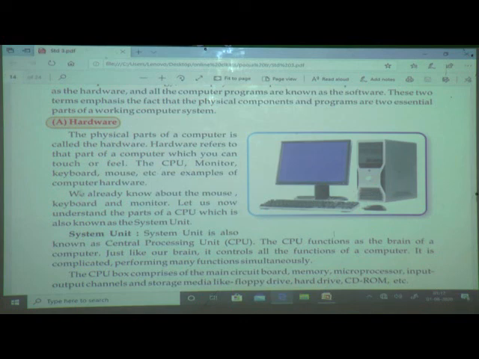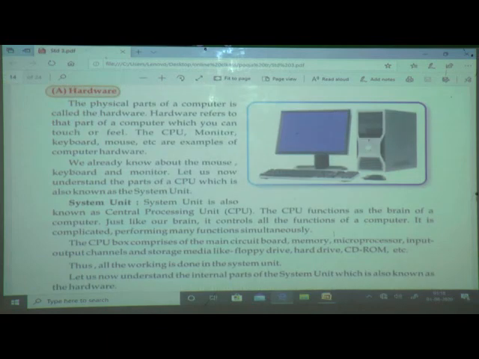These are examples of computer hardware, right? We already know about the mouse. Everyone knows about the mouse? Mouse and keyboard, which type of device? Mouse and keyboard are input devices and the monitor is an output device.